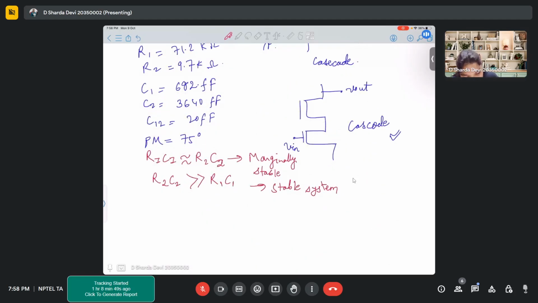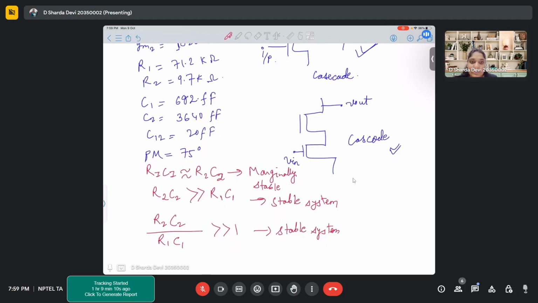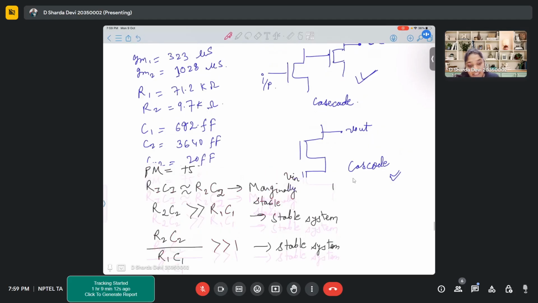If I write it in terms of ratio, R2 C2 upon R1 C1 should be greater than 1 for a stable system. So we'll find the values of the poles and then we'll take the ratios, and if the ratio is coming out to be greater than 1, then the system is stable.